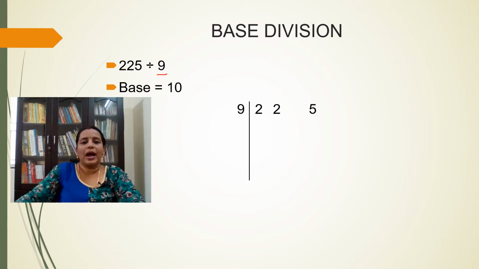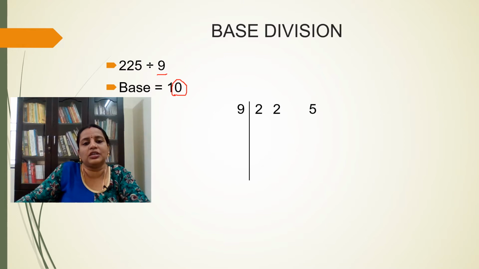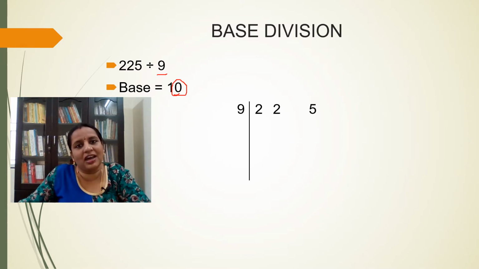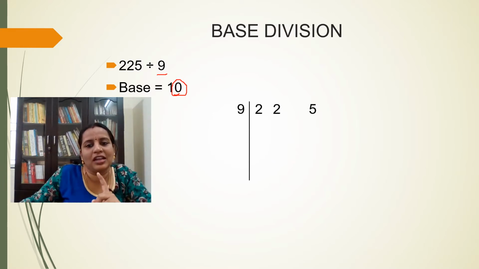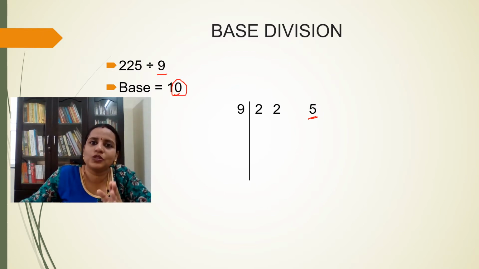See here, my base has one and only one zero in it. So the number of digits in the remainder will be 1. So I'll consider the last digit alone as my remainder digit. The number of digits in the remainder corresponds to the number of zeros in the base.